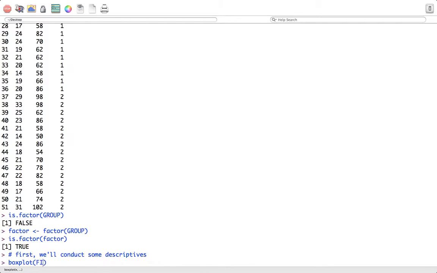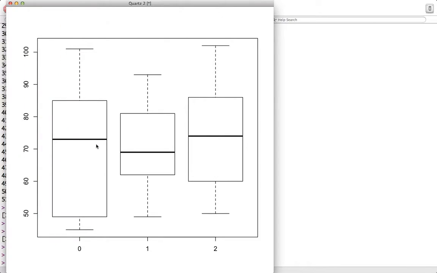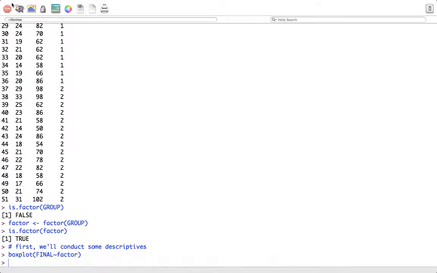So I'd look at final exam, and I'd want to look at that over factor. And what am I looking for here? Measures of center, measures of spread. The medians appear fairly close, and on the measures of spread, it looks like there's a lot more variability in final exam over instruction 0 than there is over instruction 1. So we'll put that on our radar.